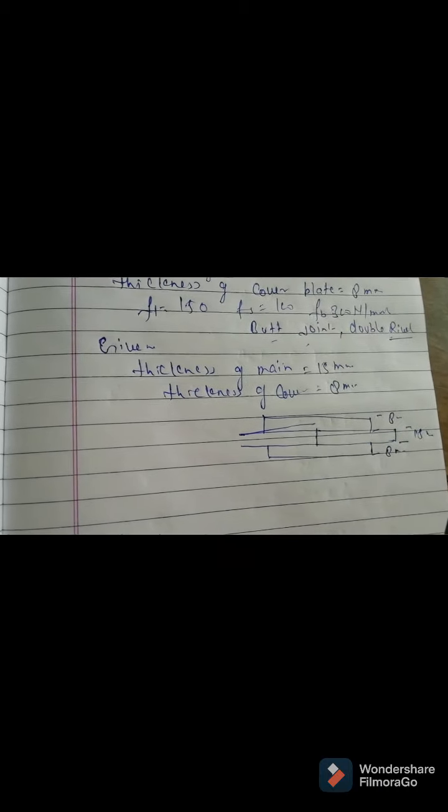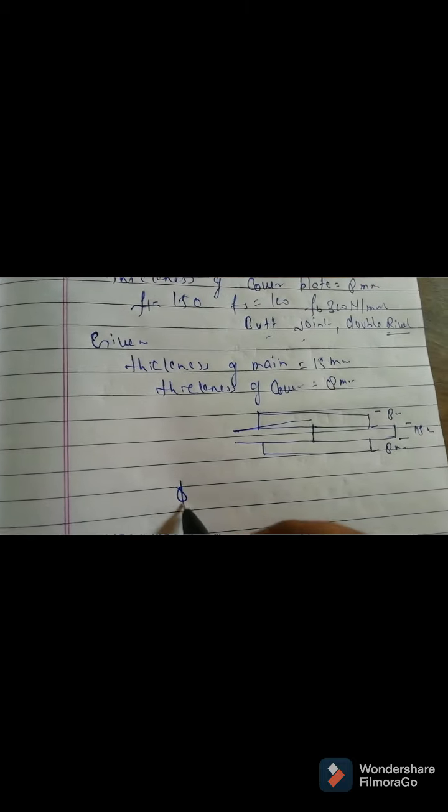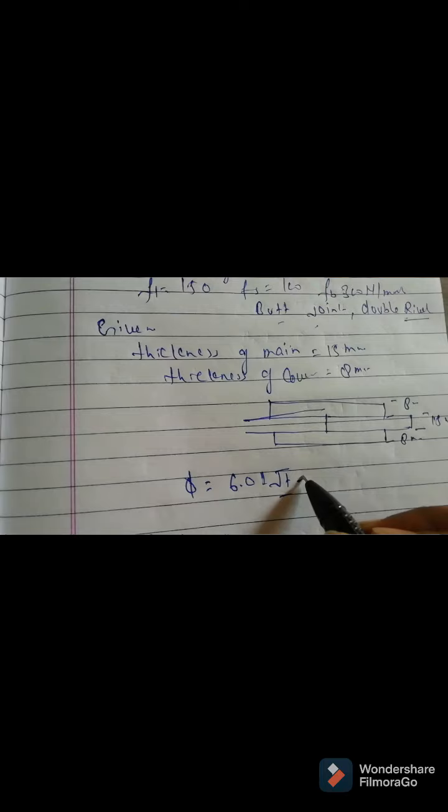Now when we talk about phi, by using phi we are going to determine the nominal dia of your rivet. Phi equal to 6.01 under root t, where t is the thickness of thinner plate.